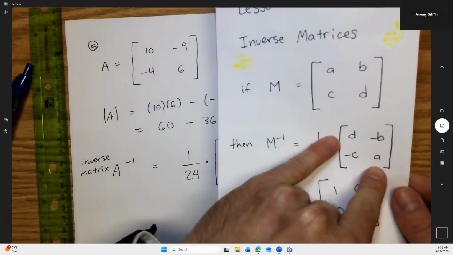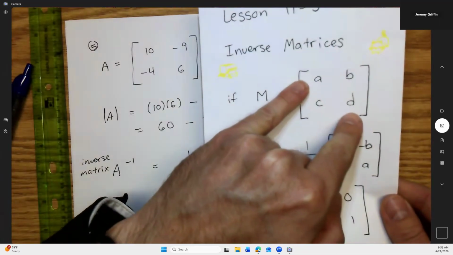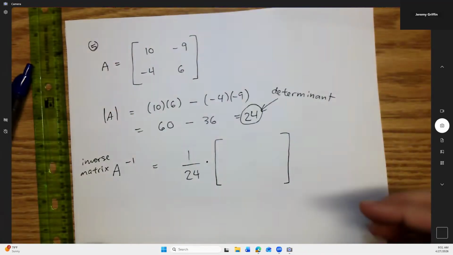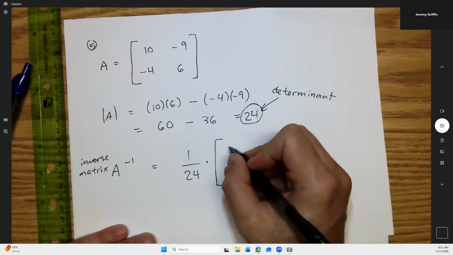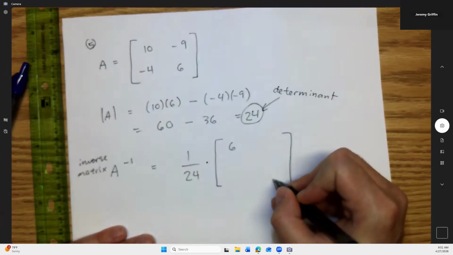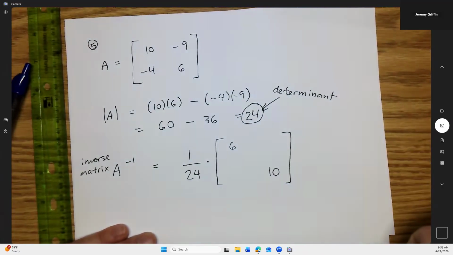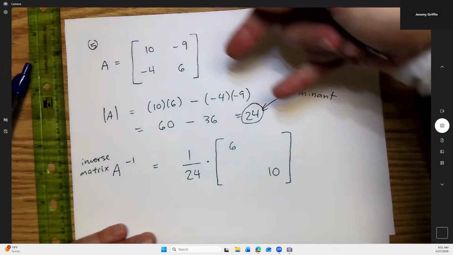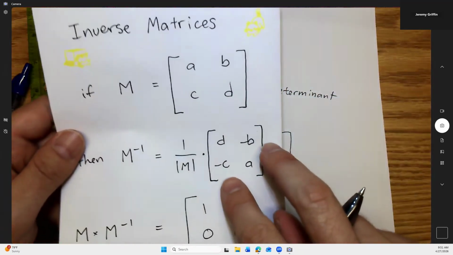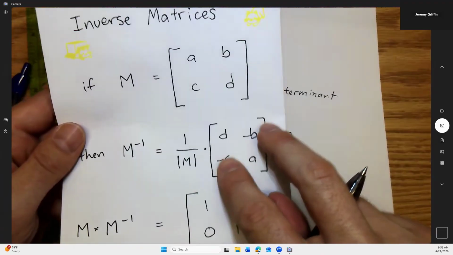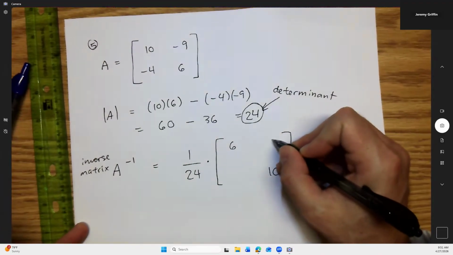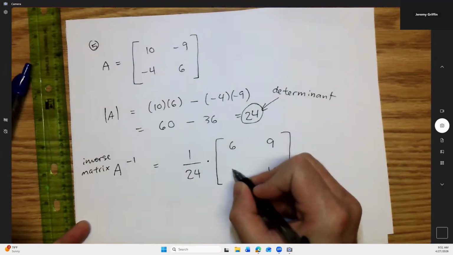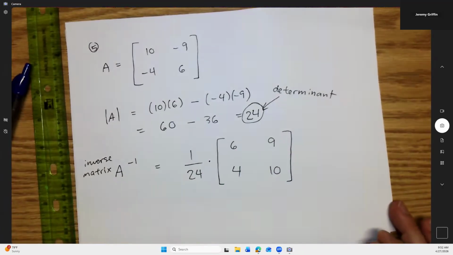Remember I swapped the positions of A and D, so A and D became D and A. So what should I write right here? 6, and 10. These swap places. And then these other elements I just left in place but made them negative. So that number goes right here, 9 and 4.